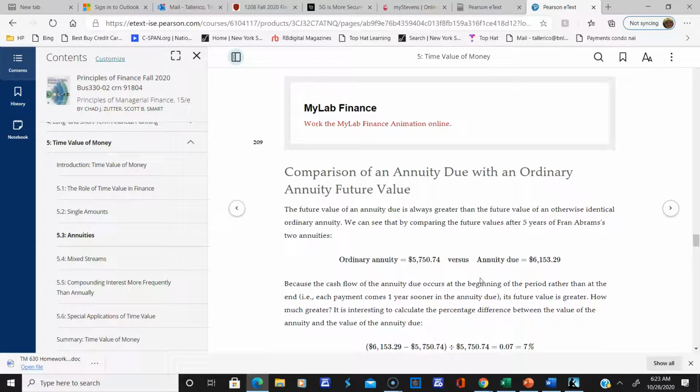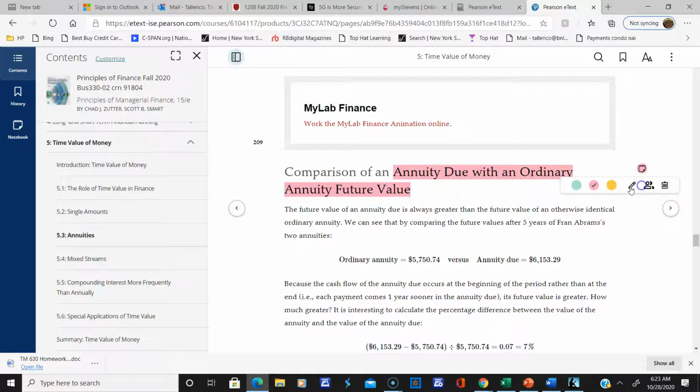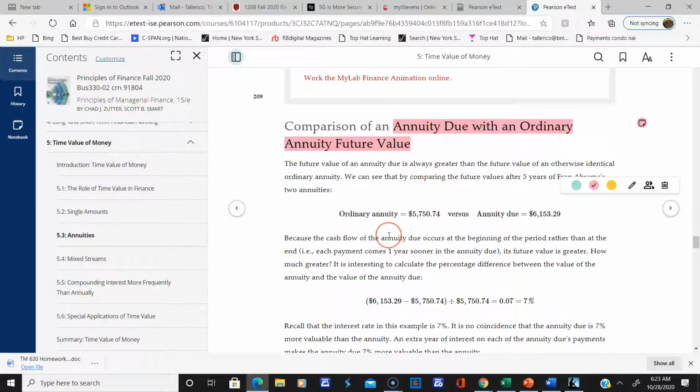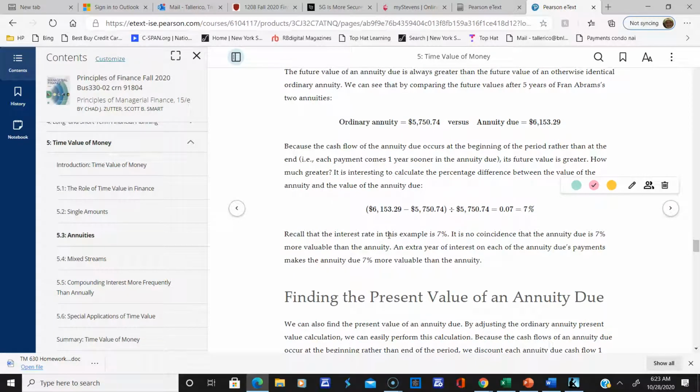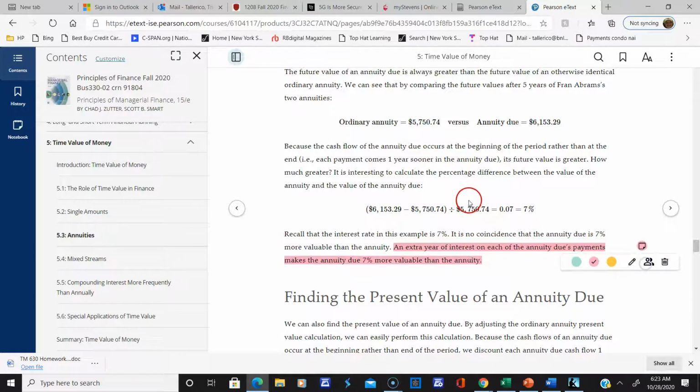All right. So we're going to compare an annuity due with the ordinary annuity, and as I just said, because the money goes in at the beginning of the period, the money will grow quicker. You'll get an extra year of interest on each of the annuity due payments, which makes the money grow quicker. So that's the important point here, okay?